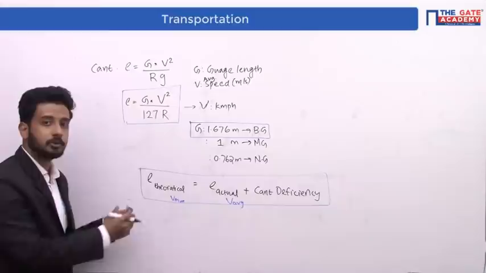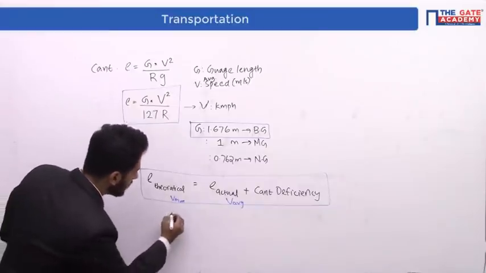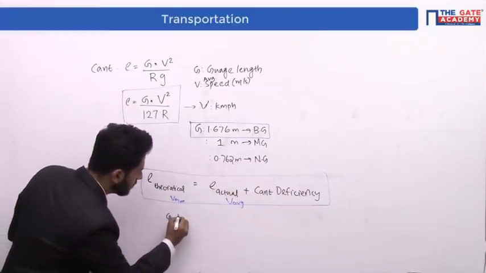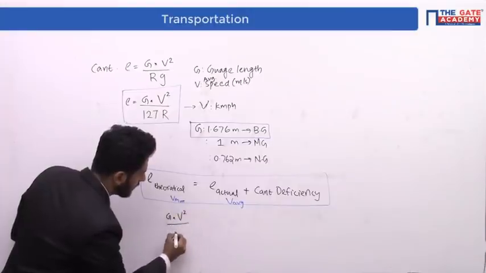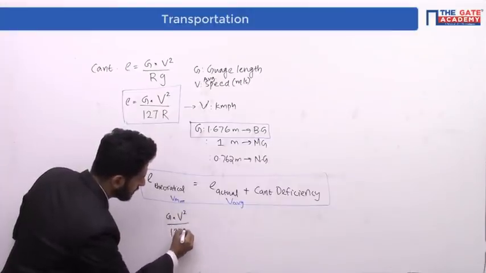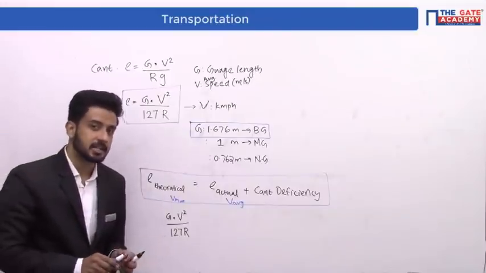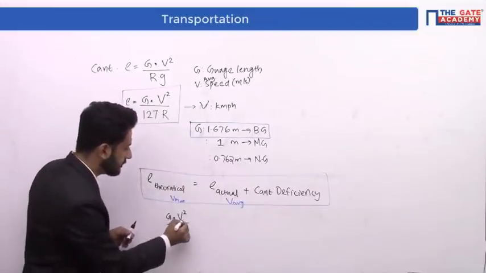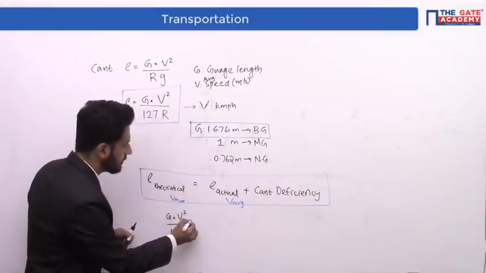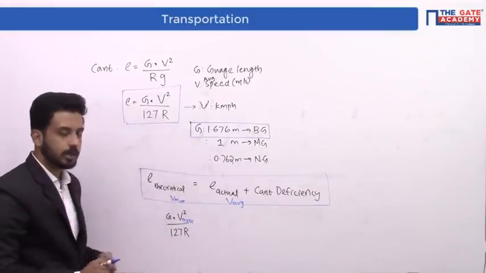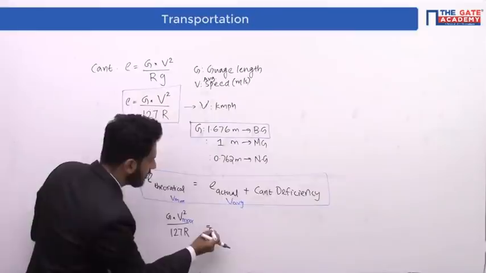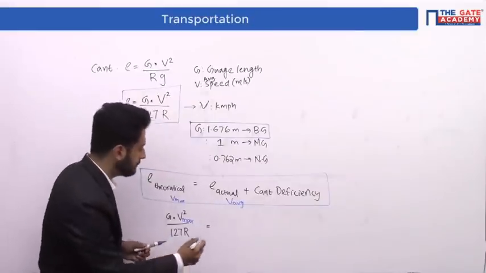So what is the equation for superelevation? It is G into V square divided by 127 R. So here, if I want to write theoretical, this V should be the maximum speed. Okay. So similarly, what will be E actual?